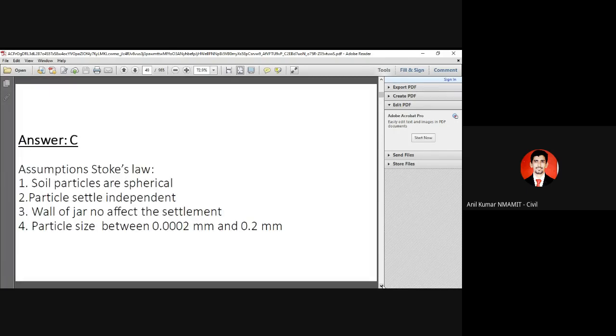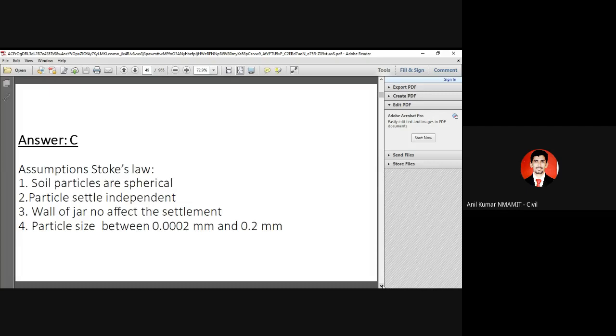The answer is C. Exactly. The assumptions of Stokes law are that particles are spherical, particles settle independently, the wall of the jar has no effect on the settlement, and particle size should range between 0.0002 mm and 0.2 mm.